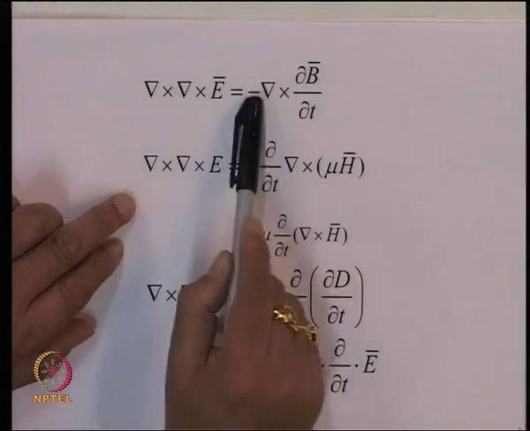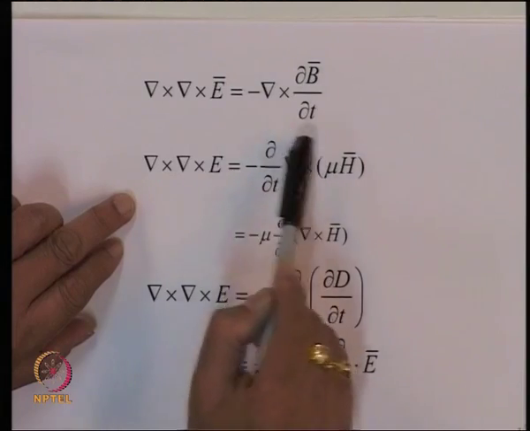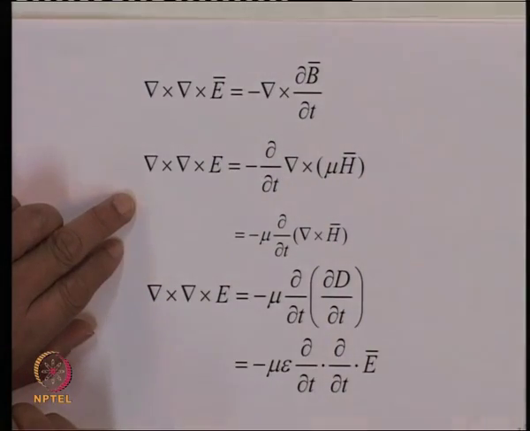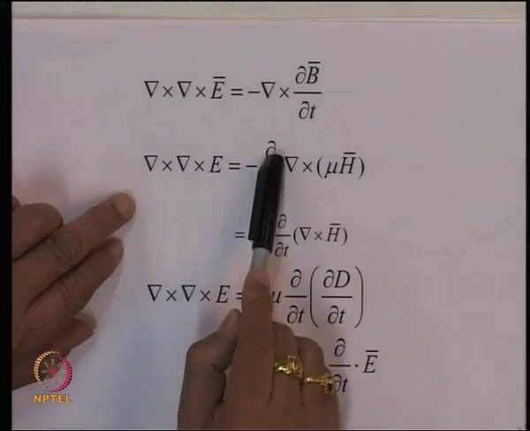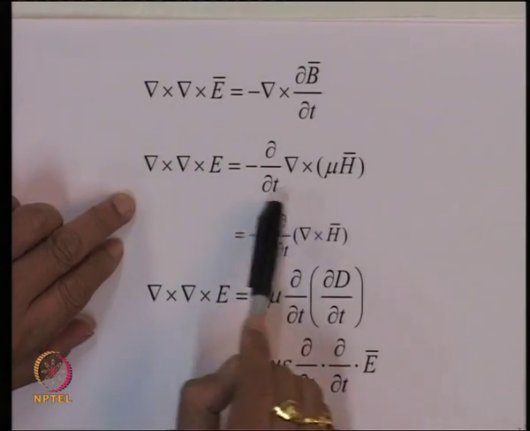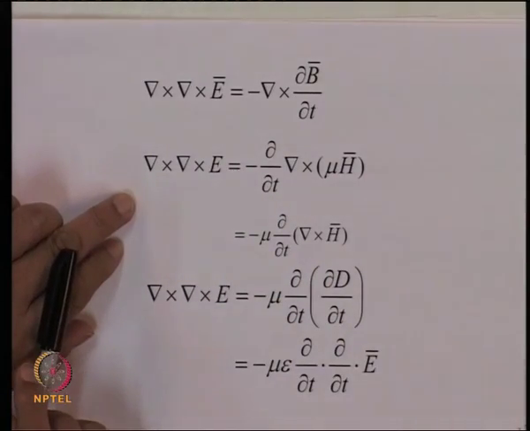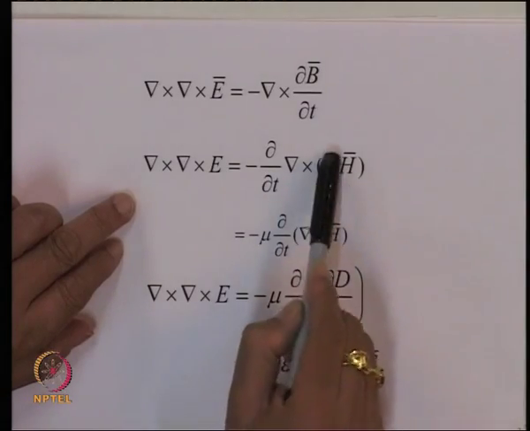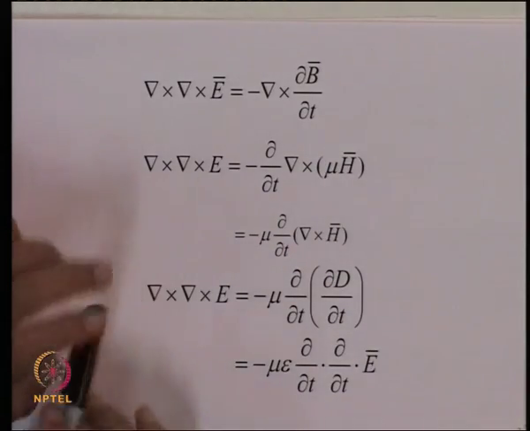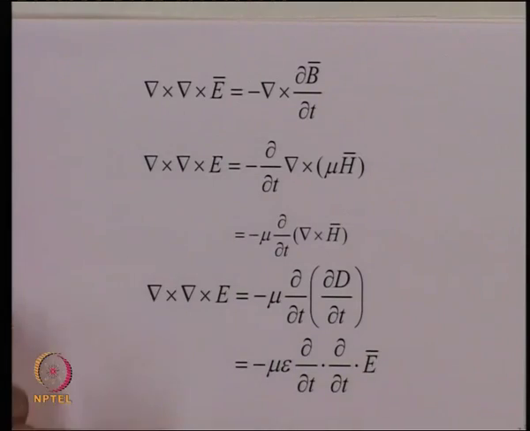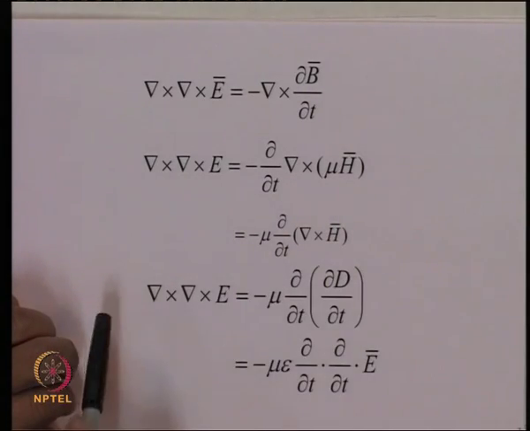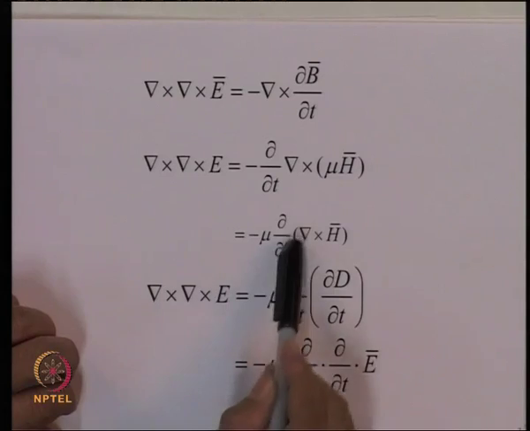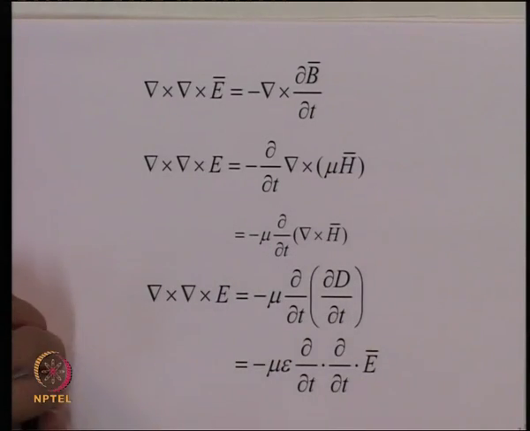If we interchange the two operators, d by dt and the del operator, then we can write minus d by dt del cross mu H, and since permeability is not a function of space, we are assuming a homogeneous medium, we can take mu outside. So, we get minus mu d by dt del cross H.